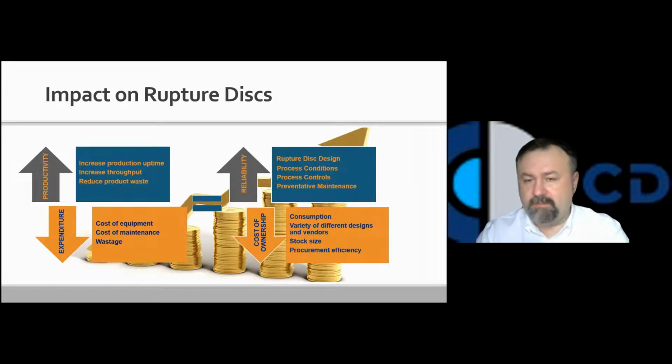The more rupture discs being consumed, the more frequently, the larger the stock sizes need to be to support it. So if we look at productivity and expenditure and translate it into rupture discs, it translates into reliability versus cost of ownership. So that is the basic background when it comes to the role of the rupture disc in process beyond its primary reason for safety.